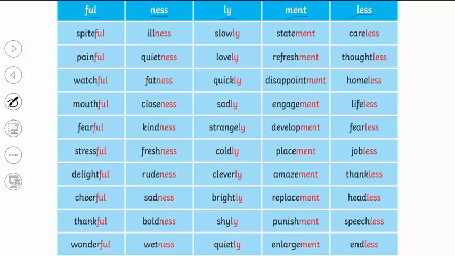Spite, spiteful. Ill, illness. Slow, slowly. State, statement. Care, careless. So the suffixes mostly may change the word class.